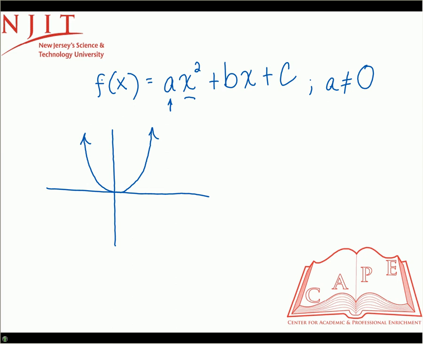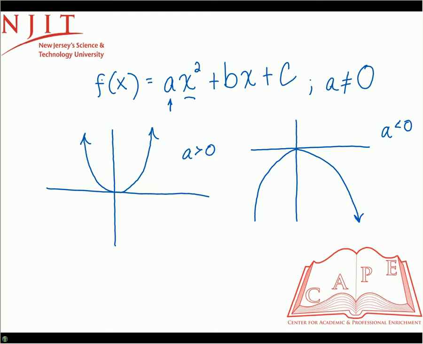In this example that I showed you, if a is greater than 0, it faces up. If a is less than 0, or negative, it faces down, like so.